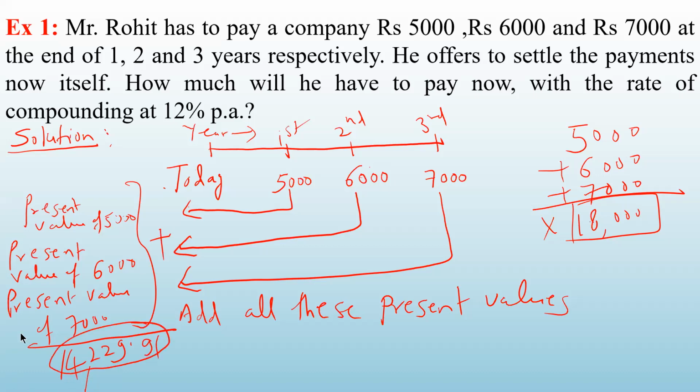See, it is much lesser, less than 18,000. So that means the present worth is always less than the future value. Okay. Now let us see the next problem, in which instead of paying the amounts today, he is paying at the end of 3 years. I hope you have understood this.